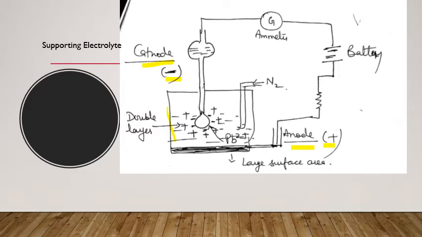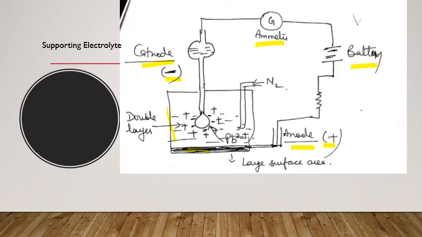So these two electrodes are connected to this beaker and finally to the battery, where we change the potential difference. And here is the ammeter by which we measure the current. Understood?